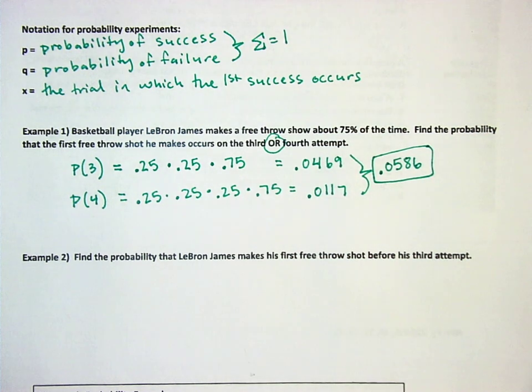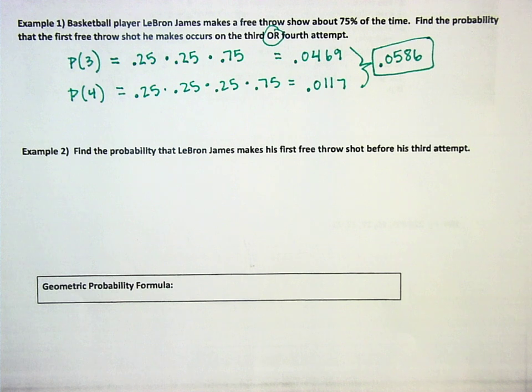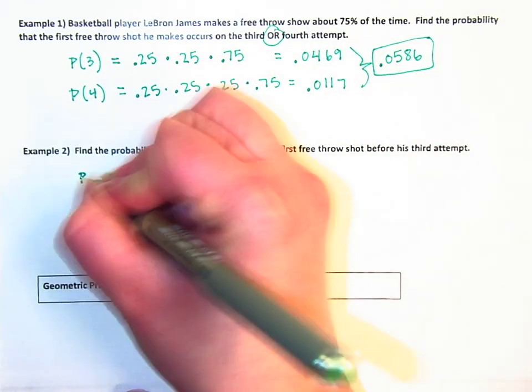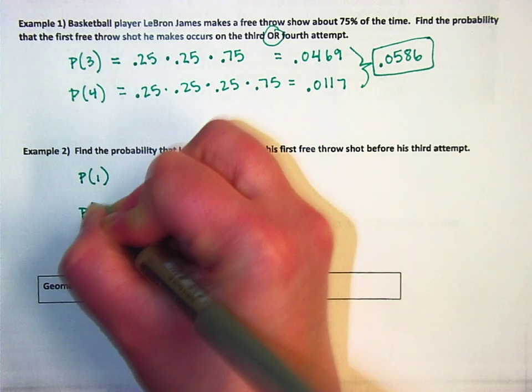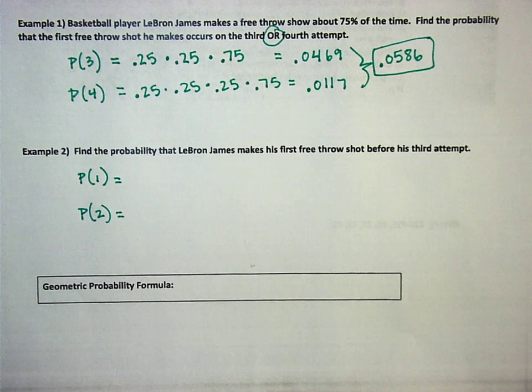Okay. So pause the video and you try example 2. Making his first free throw shot before his third attempt. I'm going to go ahead and work on it. But you should be paused at this point. So if it's before his third attempt, it has to be his first or his second.